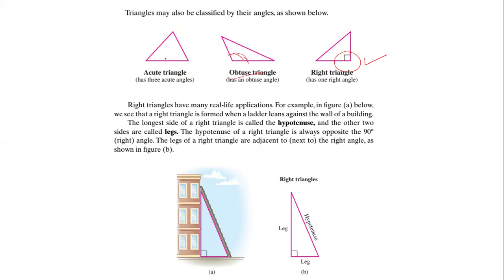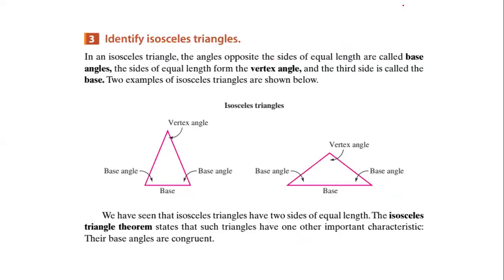If all the 3 angles are less than 90, that is known as an acute angle triangle. In a right angle triangle, this one is known as the hypotenuse. These 2 sides are known as legs. Okay, so there is a lot of application of the right angle triangle.